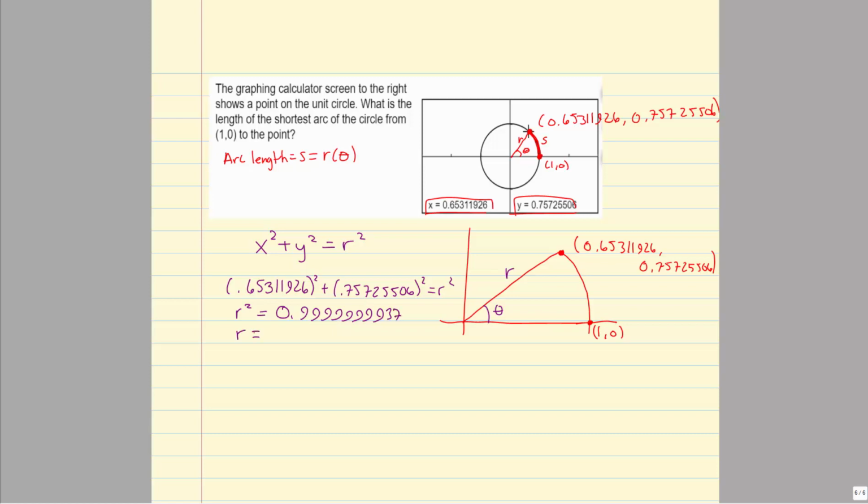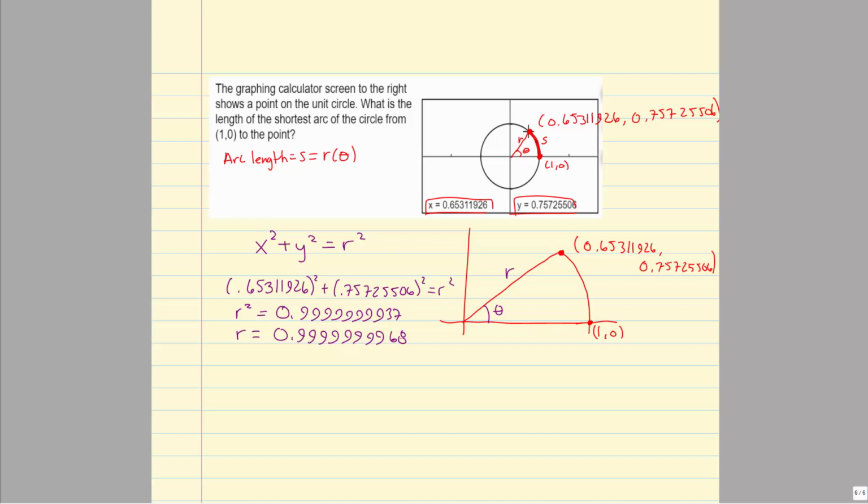So if we take the square root of that number, I get almost the identical number because it's so close to 1. So I get 0. and 8 nines again, but this ends in 6, 8 now. So that's my value for r.